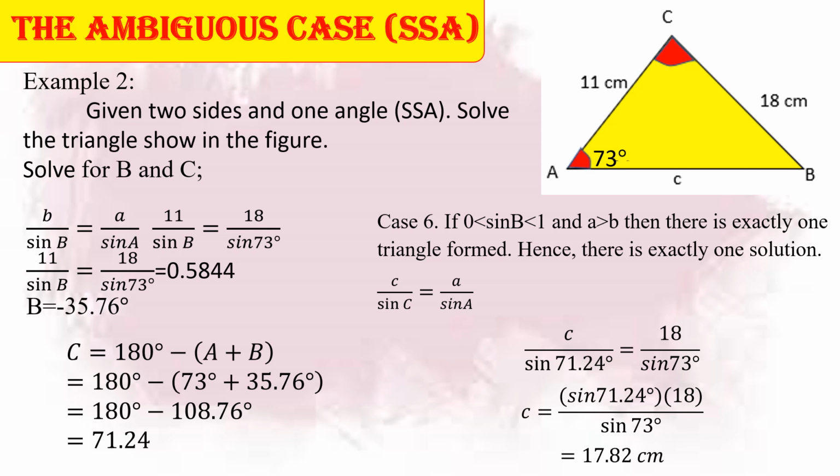So this one belongs to case 6, which means that if sine B is less than 0 and greater than 1, and A is greater than B, then there is exactly one triangle formed. Hence, there is exactly one solution.